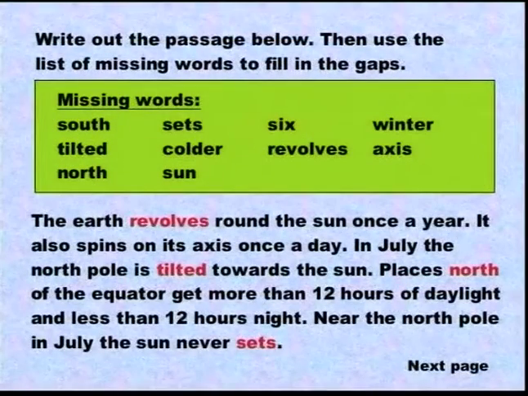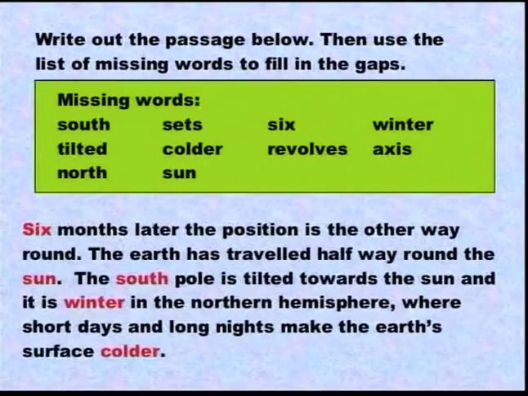Okay, we continue. 6 is the next word. 6 months later, the position is the other way around. The earth has traveled halfway around the sun. The South Pole is tilted towards the sun, and it is winter in the northern hemisphere, where short days and long nights make the earth's surface colder.